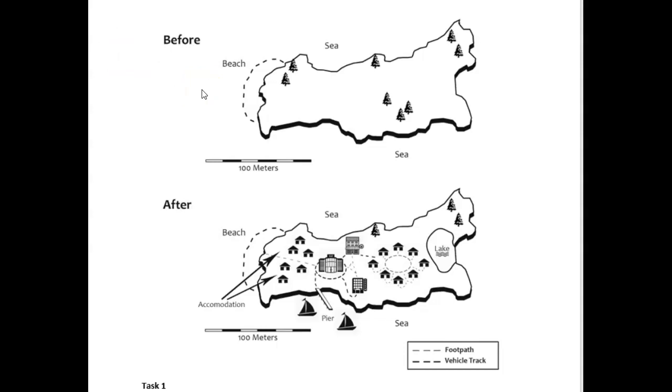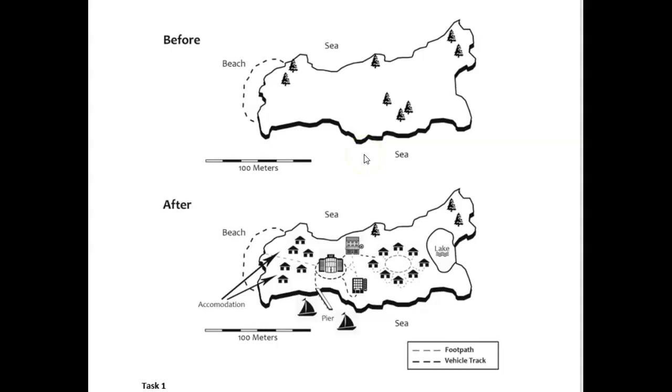So, one way to do this is to have just a little paragraph detailing what the island looked like. So you've got this scale here. You can refer to the scale. You can say that it was like 200 meters wide. It was maybe like in its longest part 100 meters long.